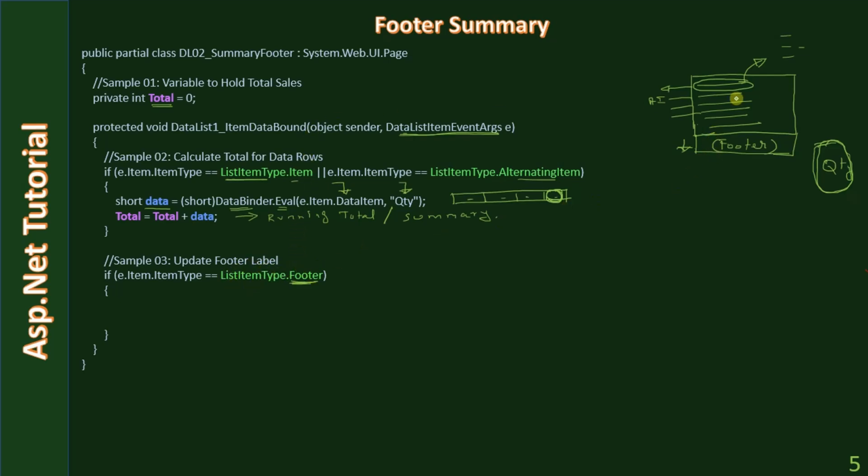That means the binder will go top to bottom order, and first it will render all the items as well as alternate items. Later it will reach the footer section. So when we reach this location, by this time we have the running total ready with us. So now let's see what we are doing inside this footer section.